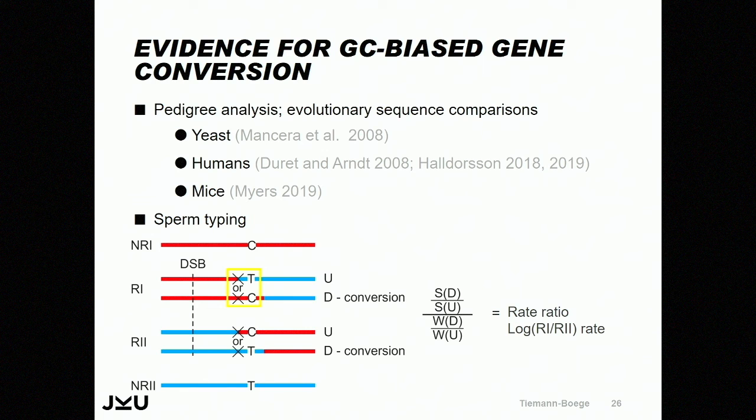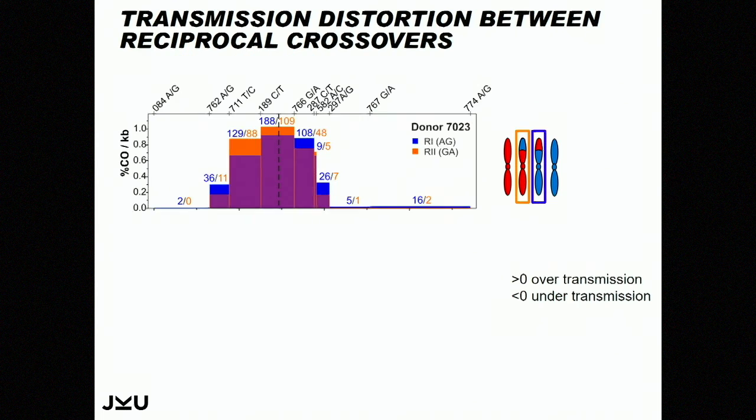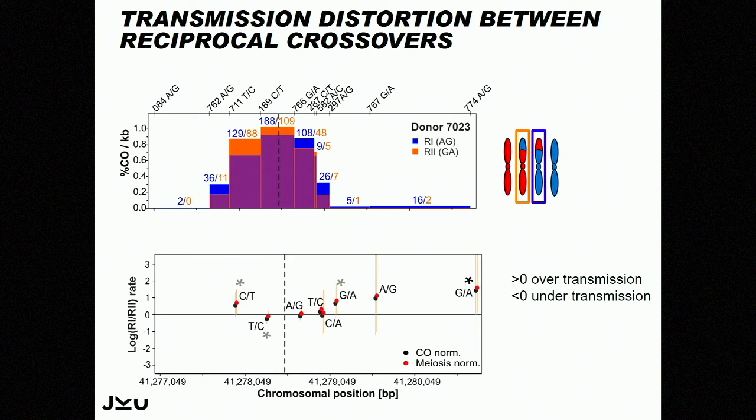If there's conversion, then you see more of these type of products for one reciprocal. And we then calculate a log rate ratio to estimate this. And this is basically the breakpoint distribution of one of the crossovers. And then we estimate this rate ratio here in the log scale. So at 0, it means that the segregation is 50-50.